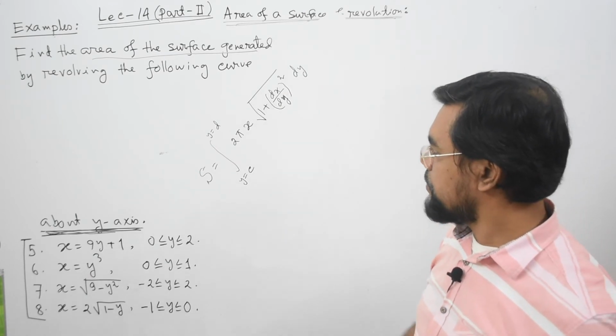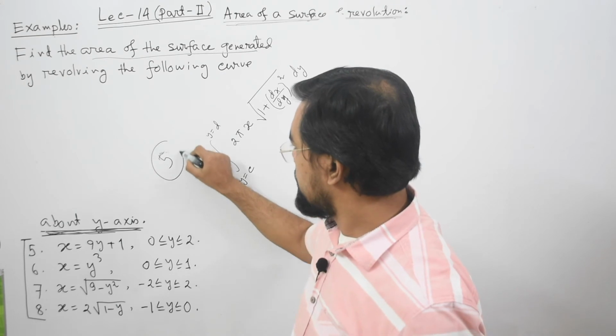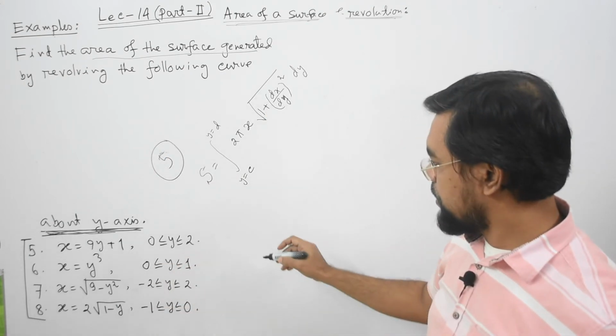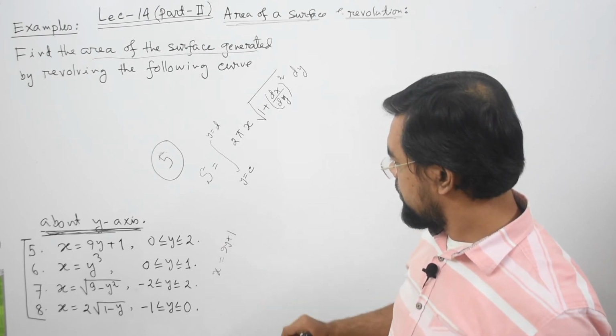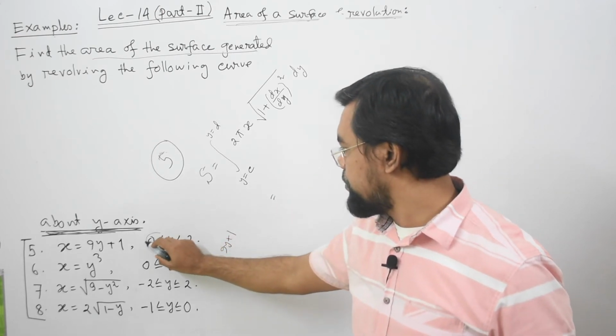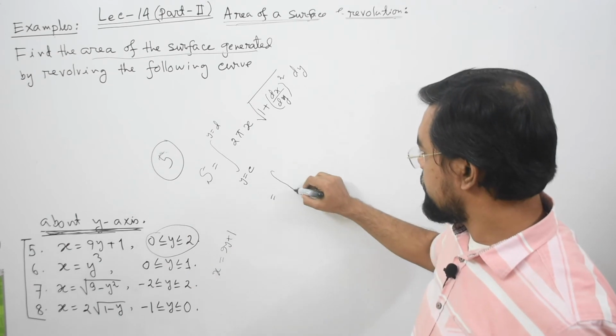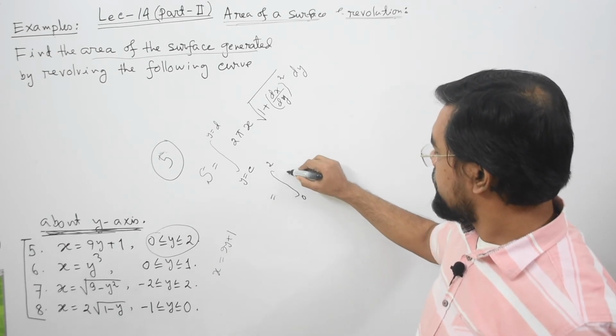Okay, so for problem 5 we are given x equals 9y plus 1, and the limits of this curve are from 0 to 2.